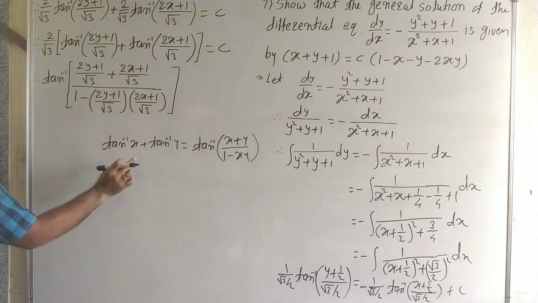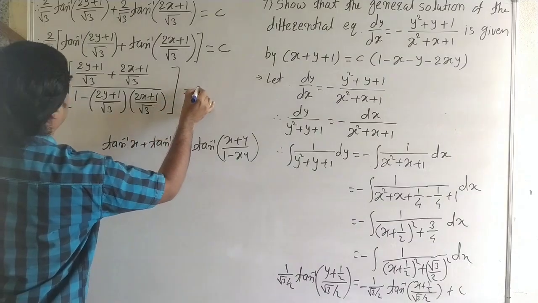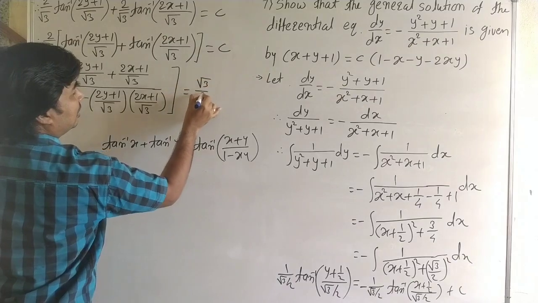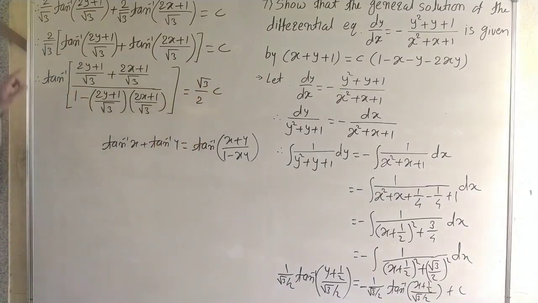Okay. Here we use this formula, and here it is root 3 upon 2 into c. Here it is 2 upon root 3, so we can write here.